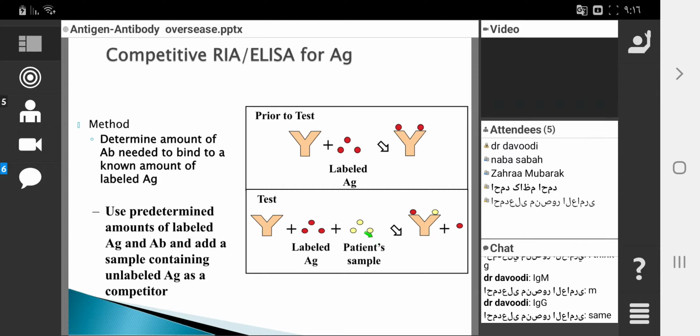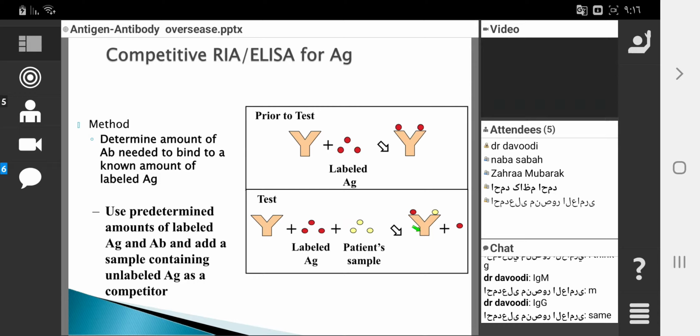So the question is, what is the relation between the amount of radioactivity here and the amount of antigen in the patient sample?